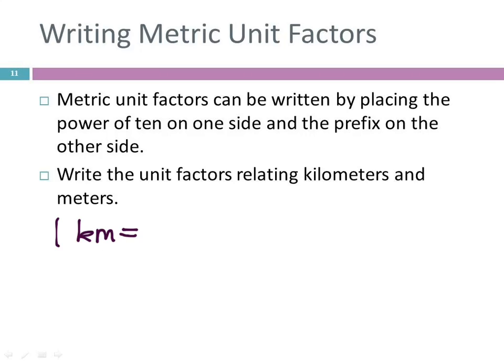What does kilo mean? 1,000. I prefer to think of it in powers of 10 because we can do 1,000, but when we get 1/1,000th, it becomes messy. So kilo is 10 to the 3rd meters.